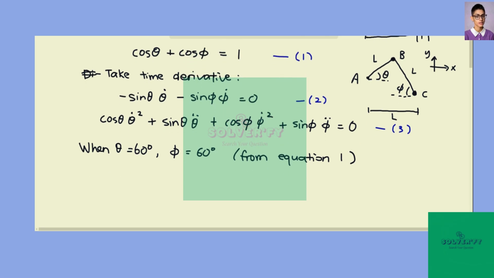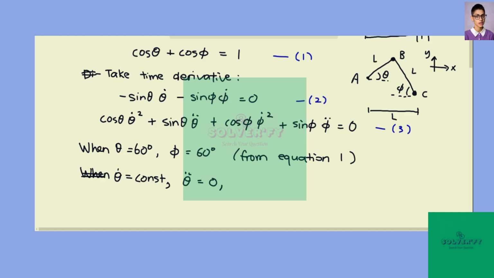And then we are also given that theta dot is constant, so theta double dot is equal to 0.